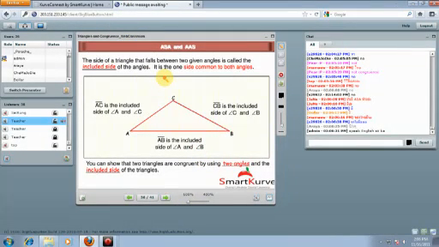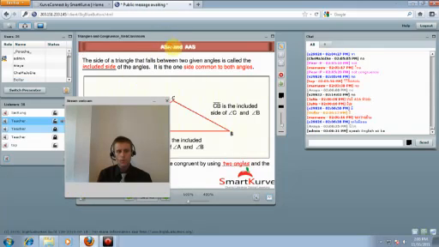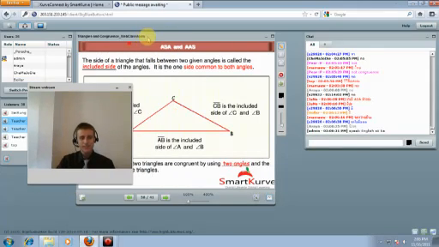The side of a triangle that falls between two given angles is called the included side of the angles. It is the one side common to both angles.